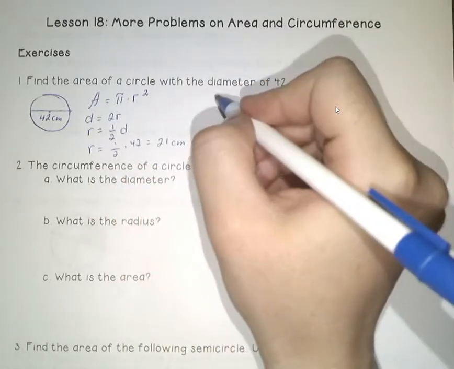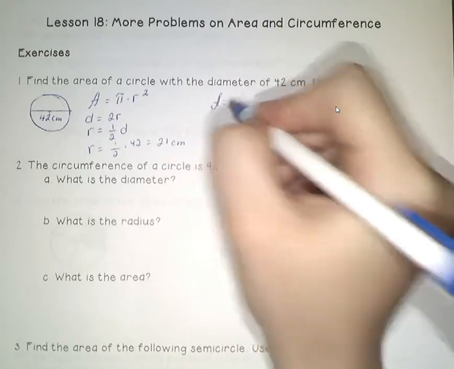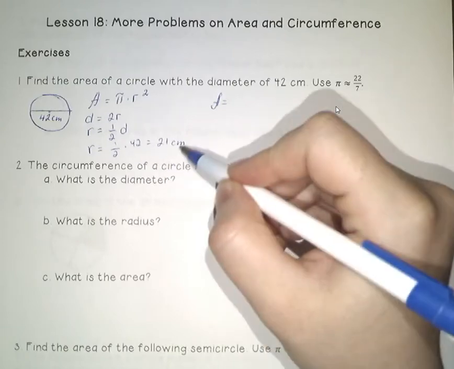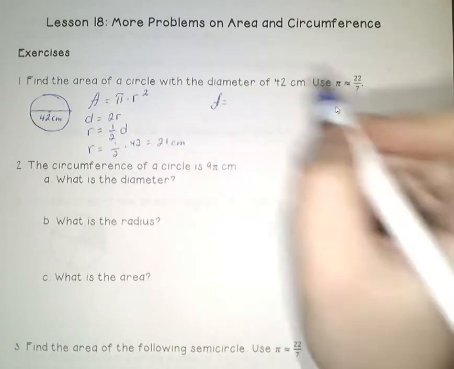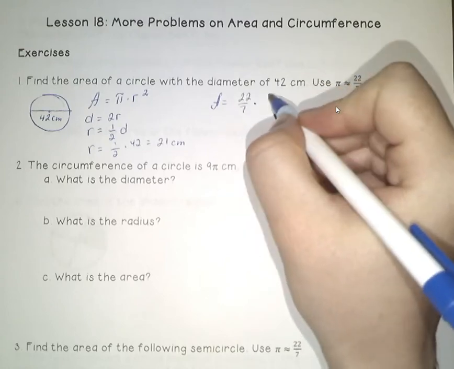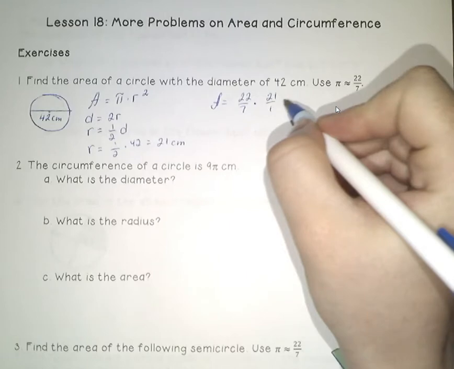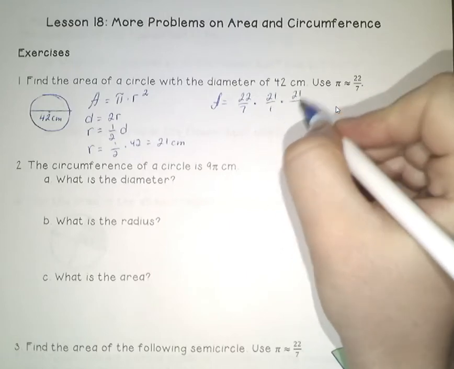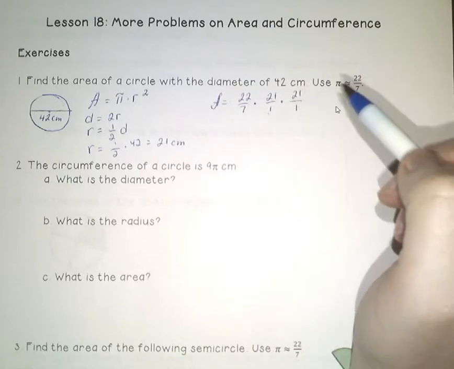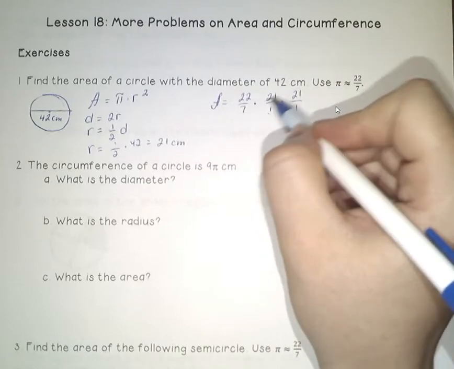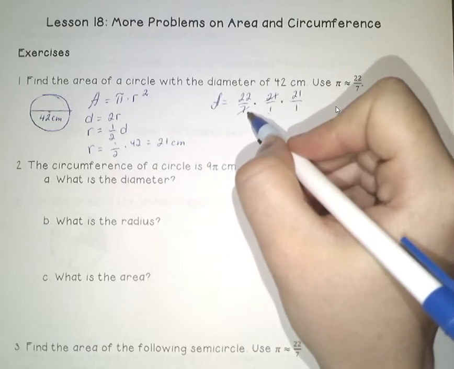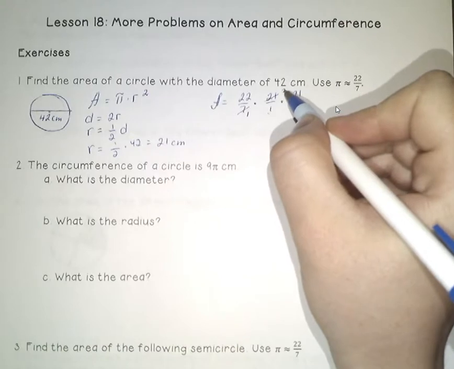So now we are just looking for the area by substituting the 22/7 for the pi and 21 for the r. So 22 over 7, we are multiplying by 21 over 1, and one more time by 21 over 1. That is your radius squared, radius times itself. We can simplify 21 and 7 by dividing both numbers by 7. 7 will turn into 1, 21 will turn into 3.